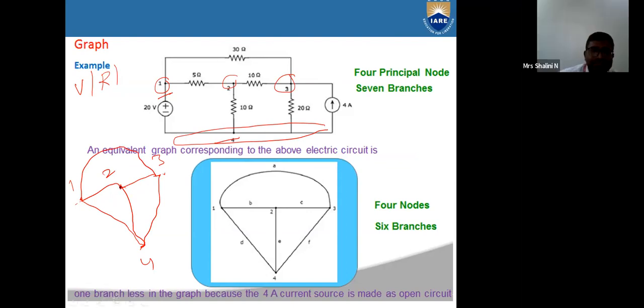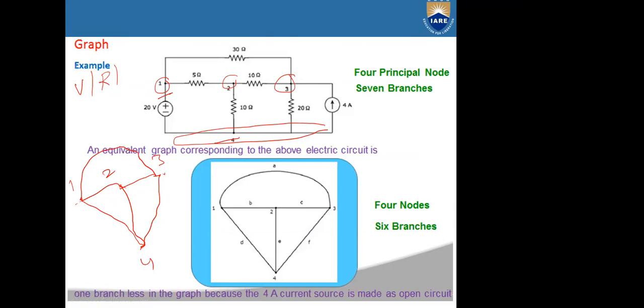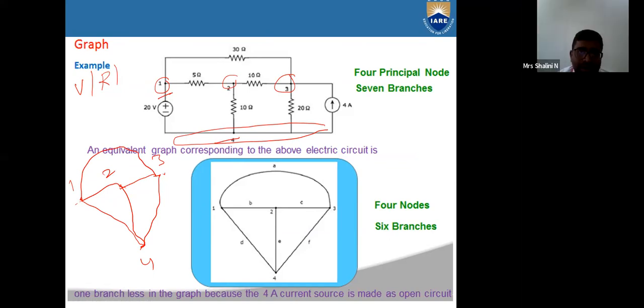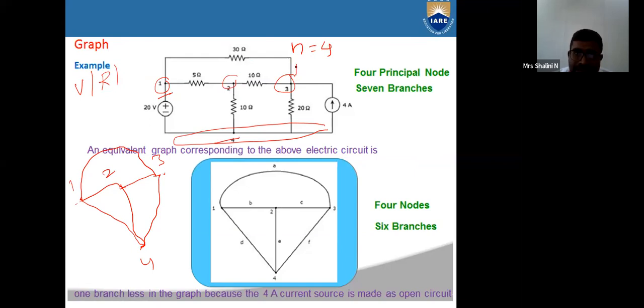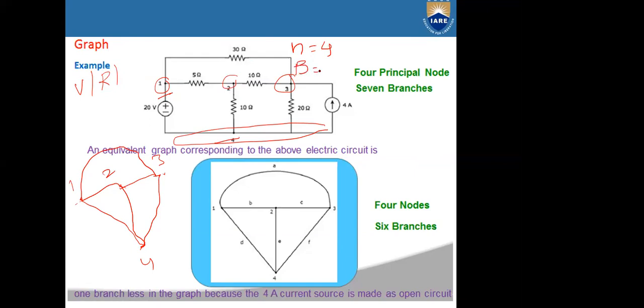Next one. This is called a simple graph. In this graph, I want to ask you one question. In your electrical circuit diagram, how many nodes will be there? Tell me. 4 nodes. How many branches will be there? 7.